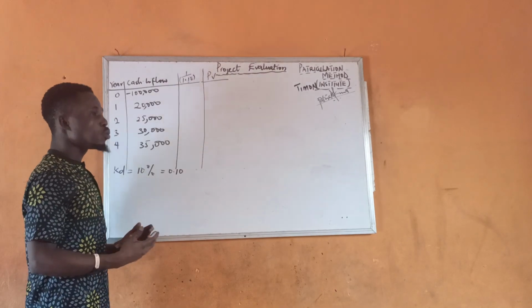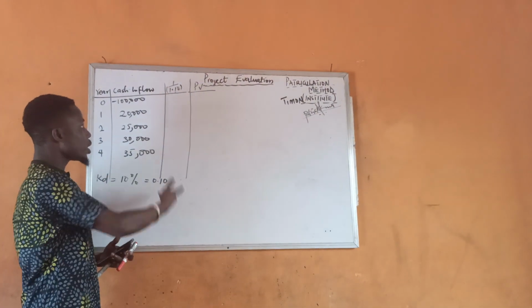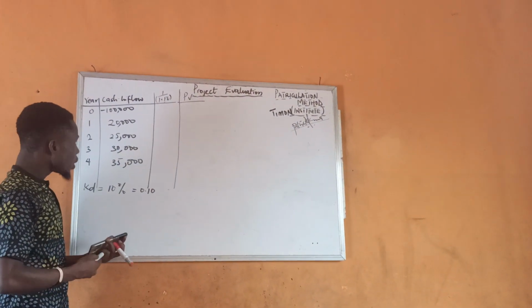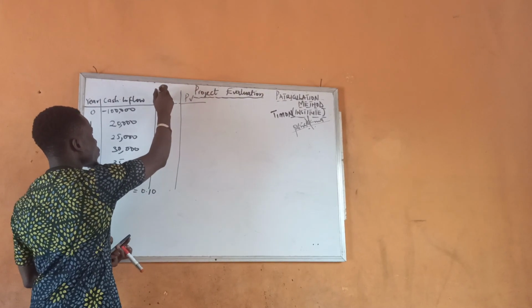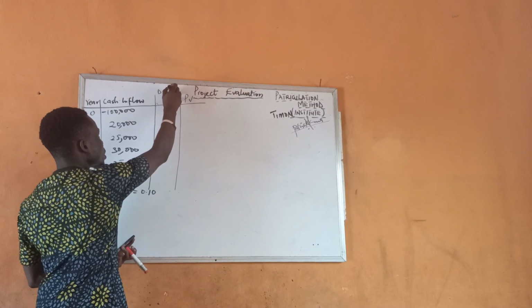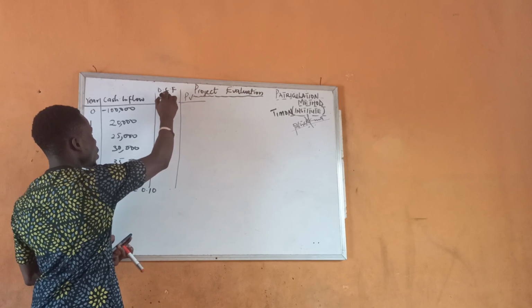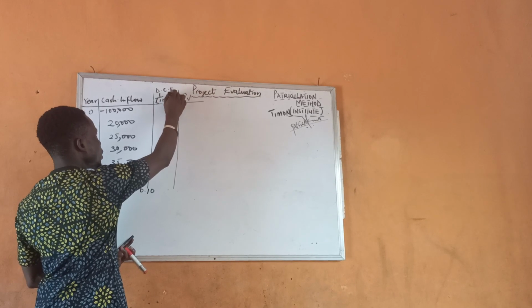Okay, now this could be solved in different ways. It could be solved on a straight line basis or in a table in this format. Now, if you are using a table, this column should be called the discount factor, which is 1 over bracket 1 plus KD.